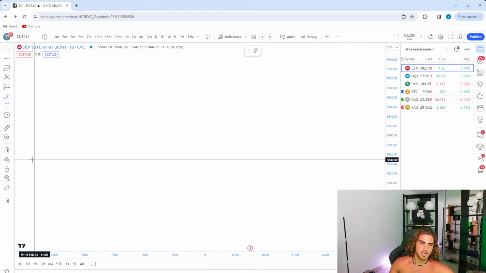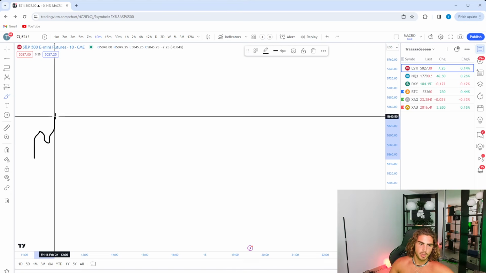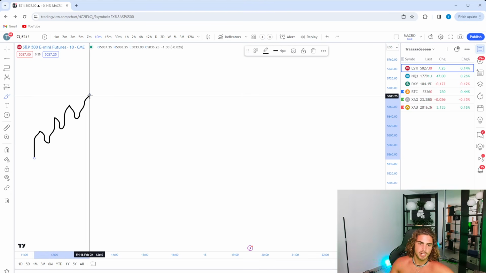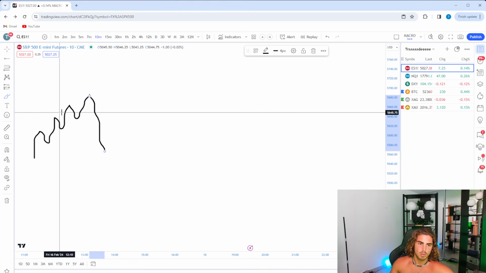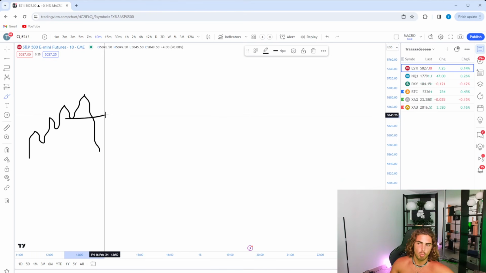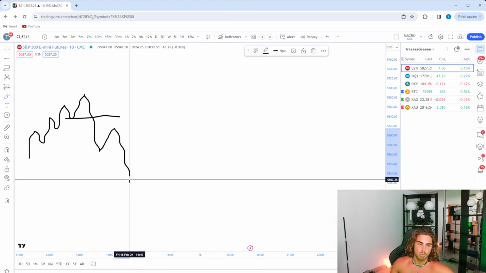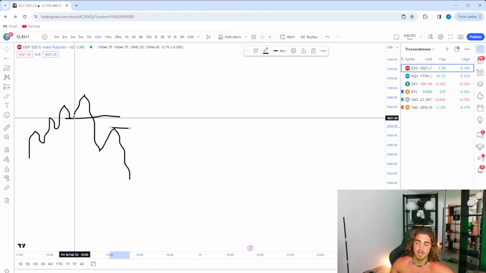So if we're in an uptrend, boink, boink, boink, boink, boink, boink, boink. What happens when price does this? Boom. And we end up making a lower low, and then a lower high after an uptrend.